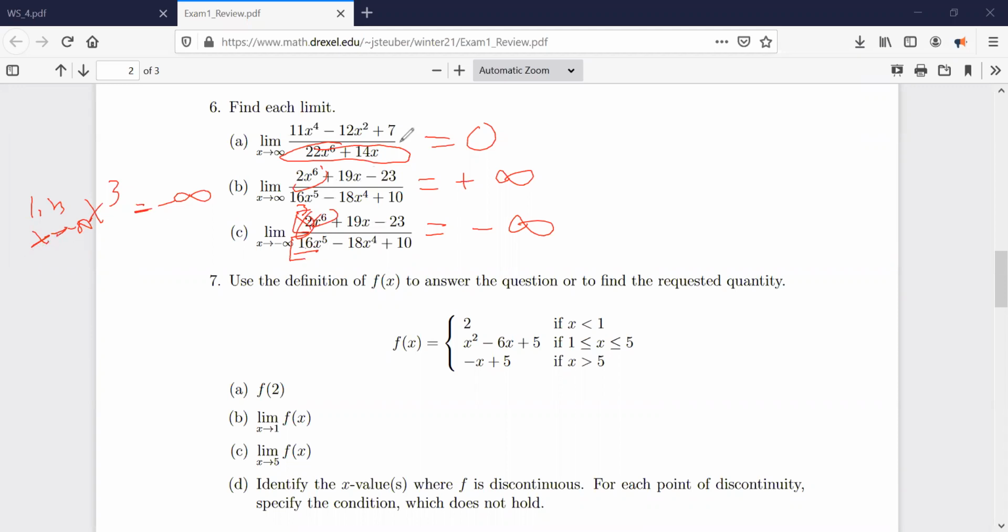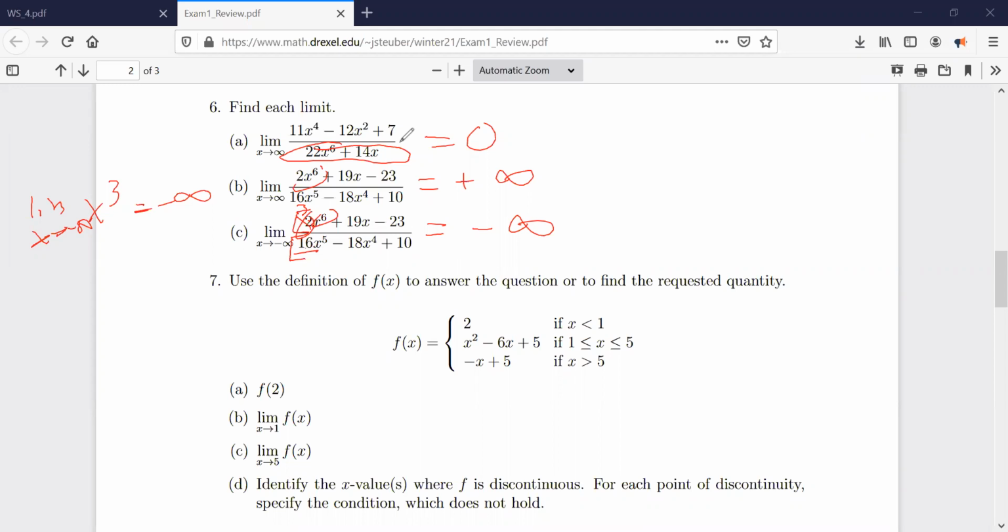Yeah. Cool. So what's the circumstance in which you divide everything by the highest power in the denominator? That was just trying to show you guys the more rigorous reasoning behind why something goes off to positive or negative infinity, or zero.